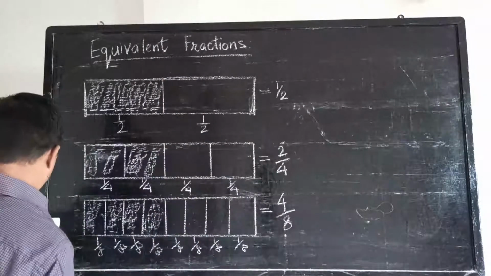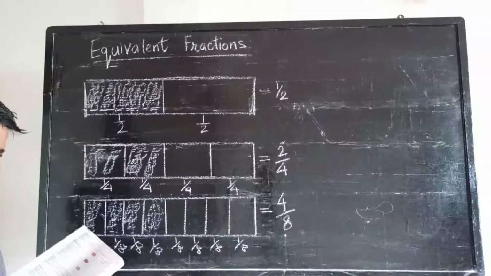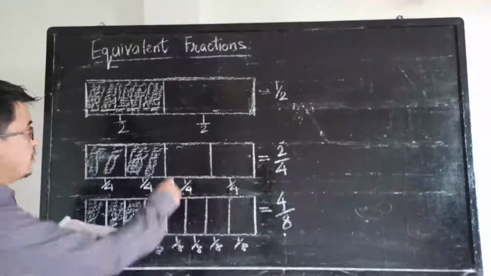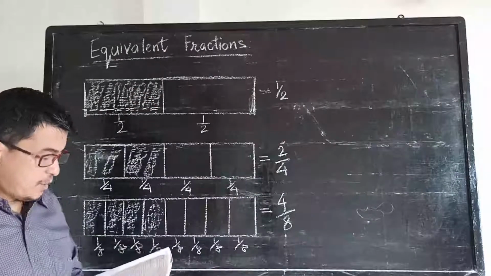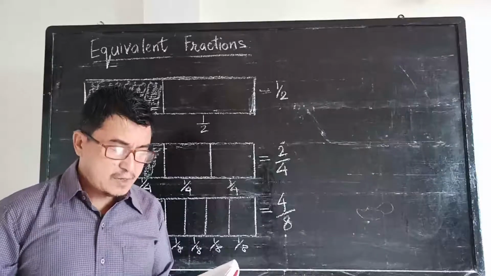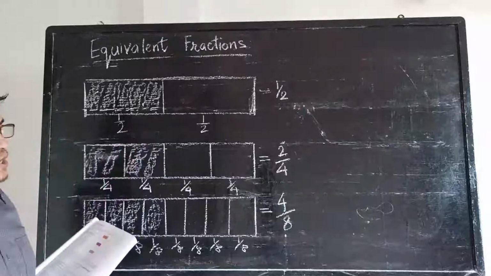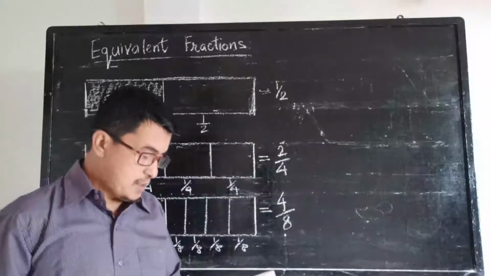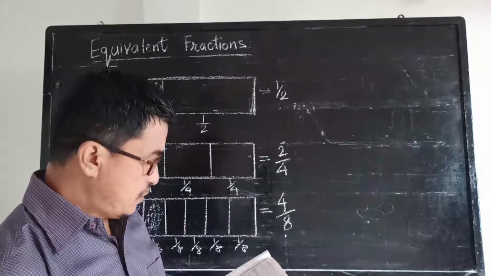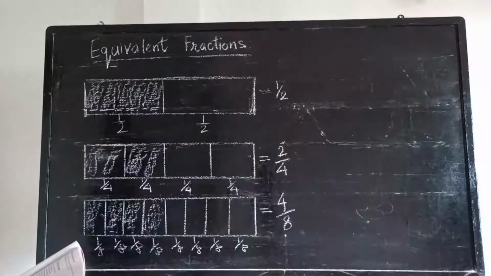So the size of the shaded part is the same in all the rectangles, but the fraction of the shaded part can be written in different ways. These fractions are equivalent fractions.